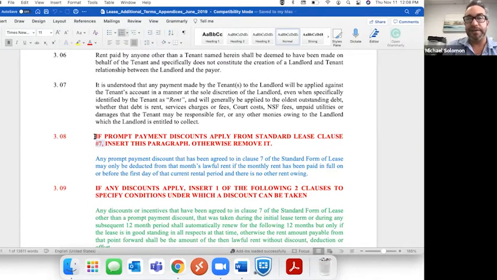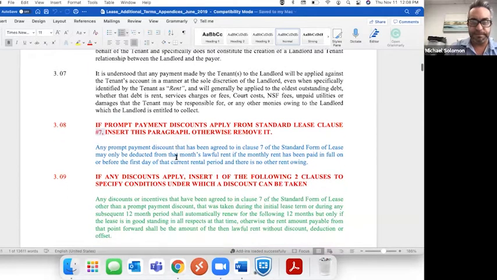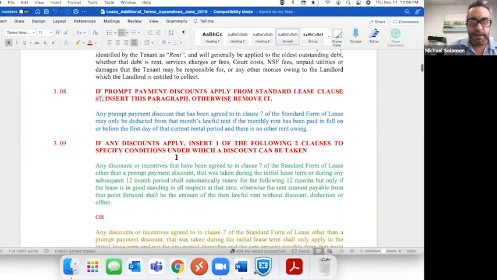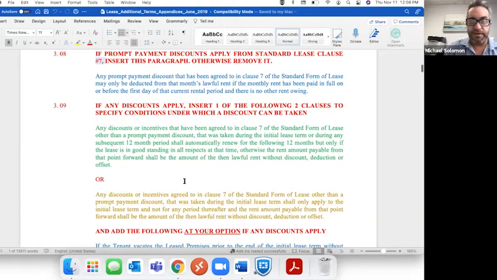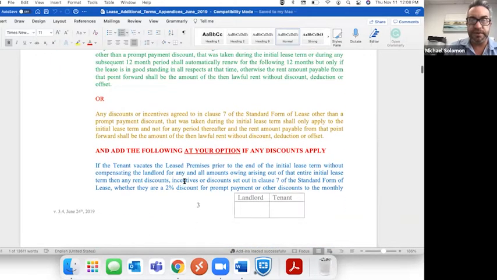And especially if you go before the Landlord and Tenant Board, if something were to ever happen, you're trying to explain through the ledger, oh, well, rent was paid early, so we gave a discount, and having to explain how we got to the discount, all of those things. So sometimes what I like to do is just tell our landlord clients, don't offer a rent discount if they pay early, just let them pay early, because it becomes an accounting nightmare for you. Okay. So of course, then, all of this would become removed.